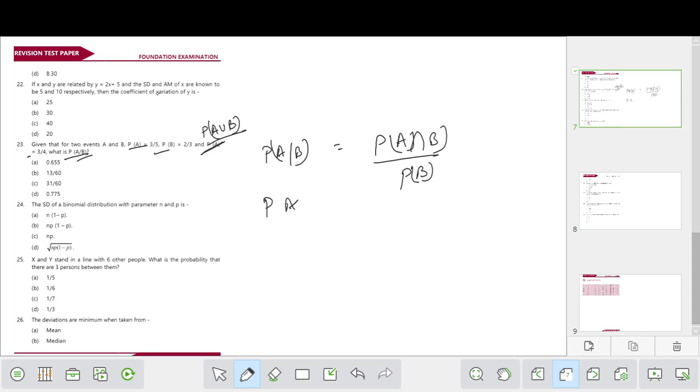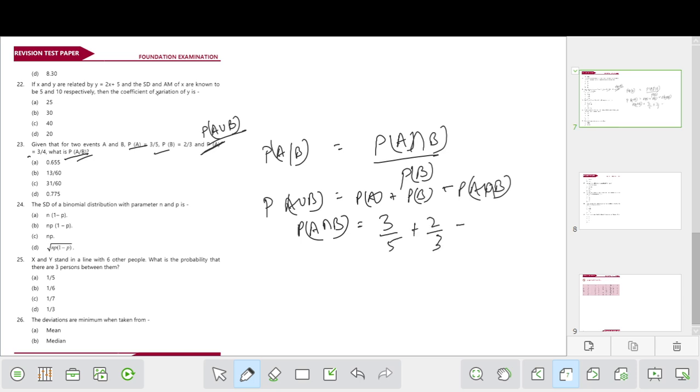So probability of A union B is equals to PA plus PB minus P(A intersection B). Sorry, so probability of A intersection B is equals to 3 by 5 plus 2 by 3 minus 3 by 4.